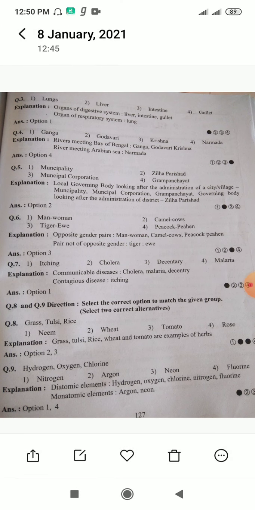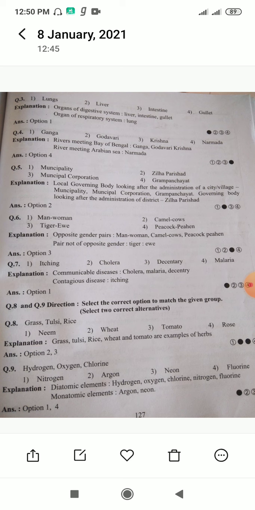We know about our digestive system. Liver, intestine and gullet are organs of the digestive system, but lung is a respiratory system organ. That's why option 1 is the odd term from the given words.